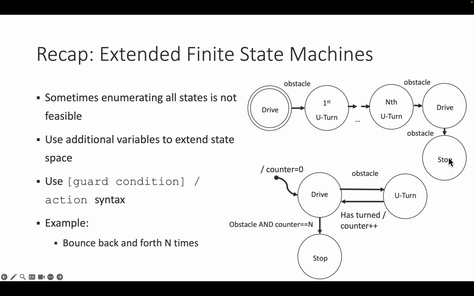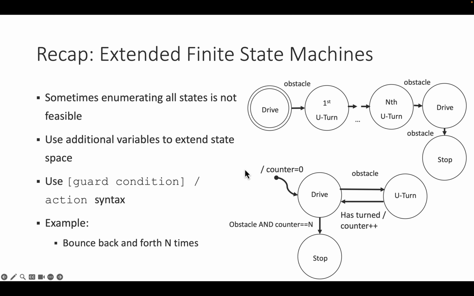Now, as you see, the state expands pretty quickly with other variables like a counter, and for that we introduced the idea of an extended finite state machine, where you not only have an input alphabet to trigger the state transition, but you also have an action that follows every state transition. In this case I use this slash symbol to delineate this.